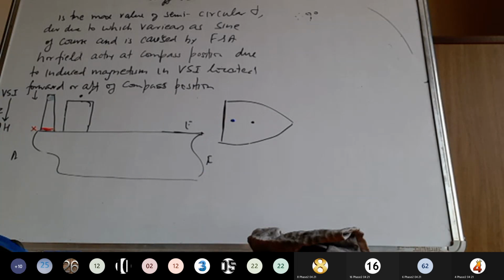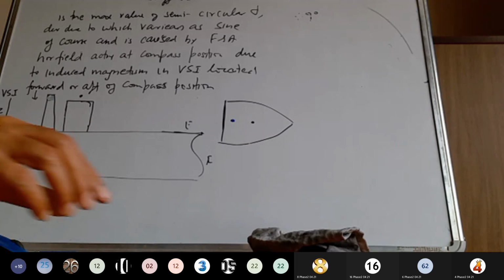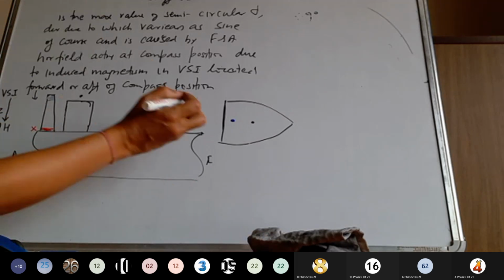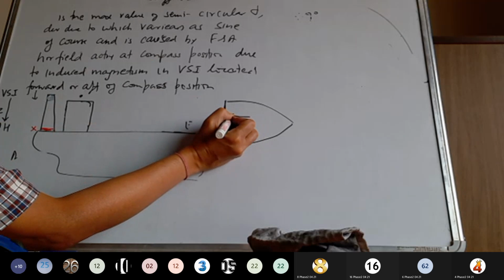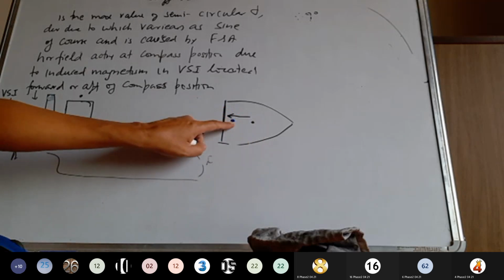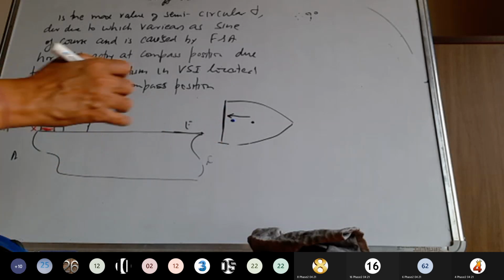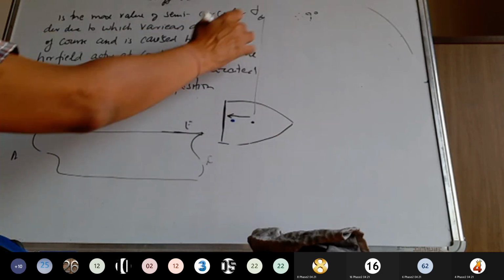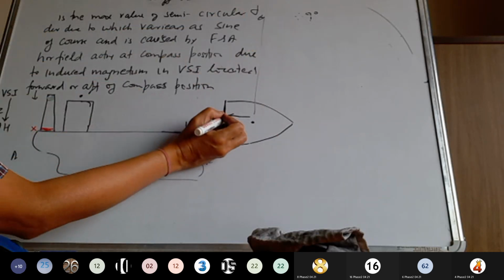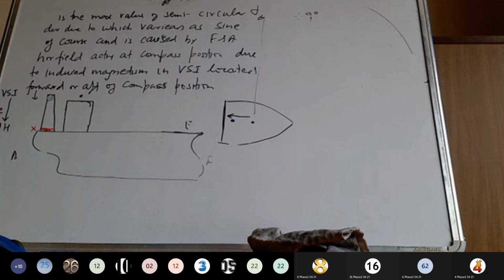The compass you treat as red, so due to this blue pole and the magnetic compass, there is a force acting in this direction. In which direction is H acting? H is acting in this direction. So what will this force do? This force will deflect the magnetic compass, so you will have westerly deviation. That is what the coefficient is.